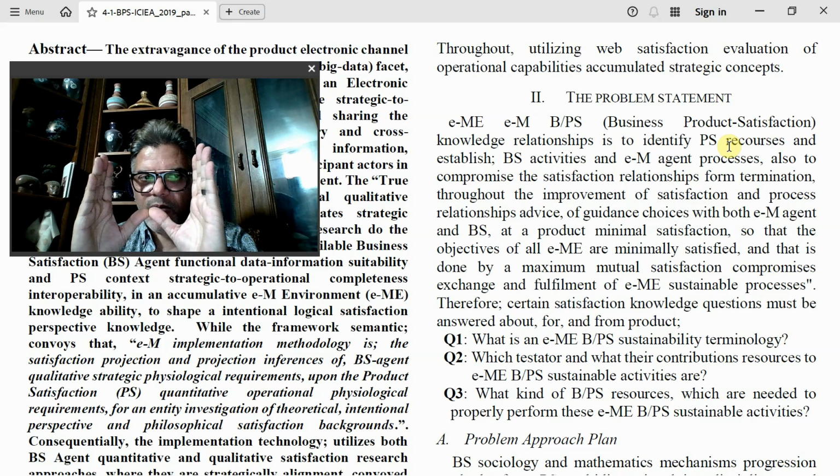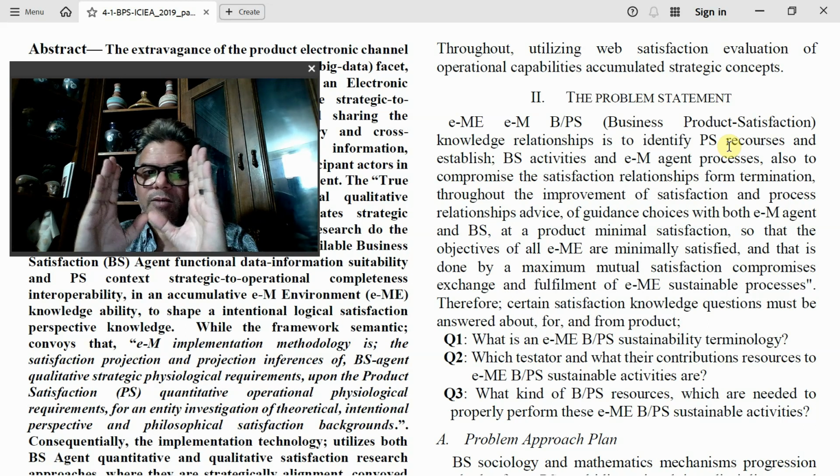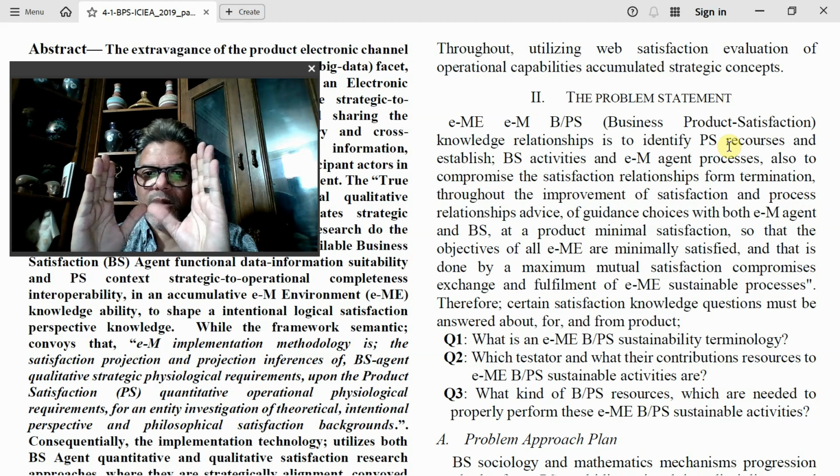Now, the agent of e-marketing processes: the true quantitative will come from the business, but the true qualitative will come from the agent of the product, because he's responsible mainly for the product satisfaction, but he cannot override the business variables and prerequisites.